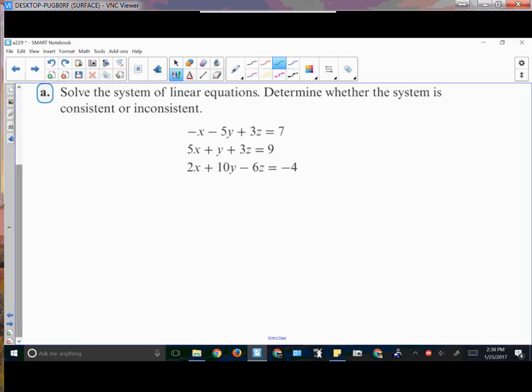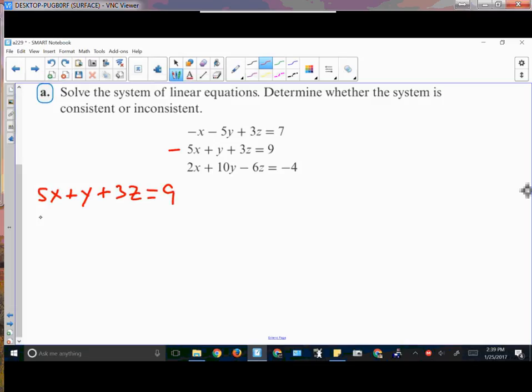Okay? So here we go. The question I have for you is, what do we get rid of? The x's, the y's, or the z's? Okay, so we're going to get rid of the y's. So that means I am going to take this middle equation and multiply it by the top and the bottom. So I'm going to have 5x plus y plus 3z is equal to 9.